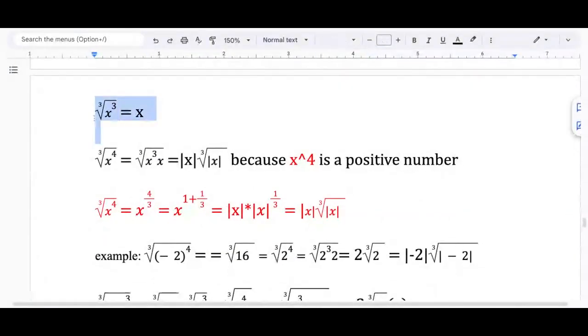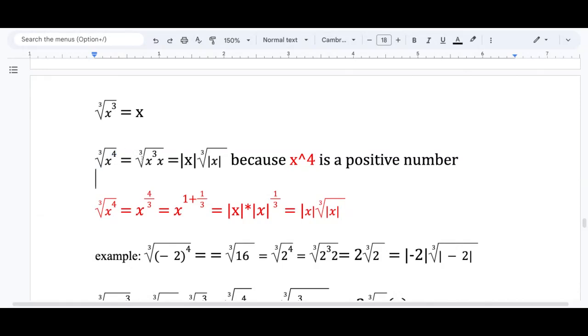Well, this is always true. If the power and the index are odd numbers, and they are the same, then that just equals x. We do not need to force an absolute value sign. But if the power is positive even, let's see this example.